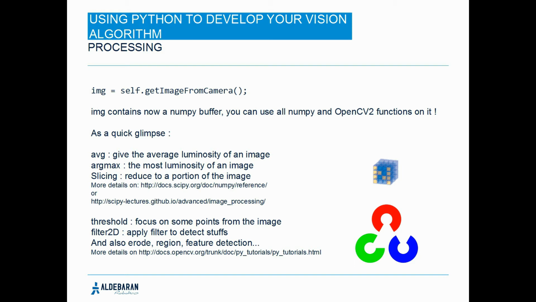Instead of developing your own convolution filter or feature detection, you can directly use the one from OpenCV. So, you're in the Python world, in your armchair, developing, testing, and tuning your algorithm quickly directly from Choregraphe.